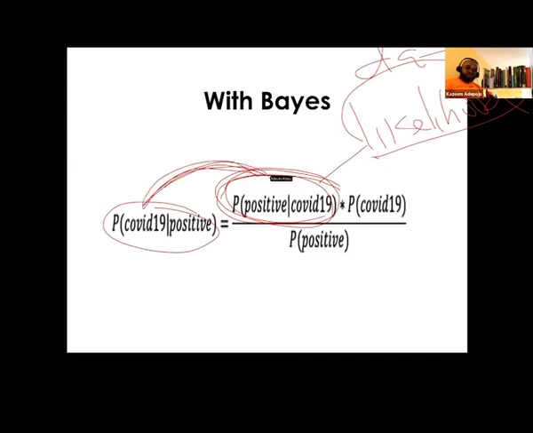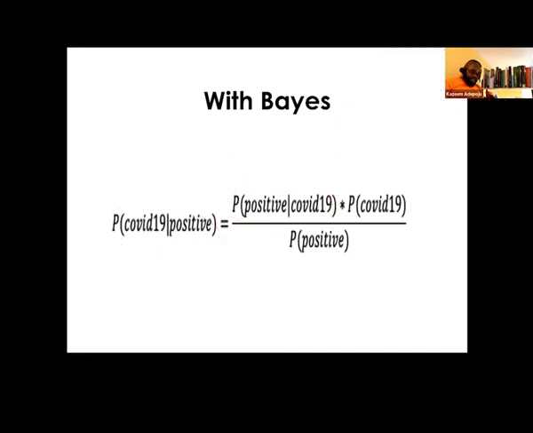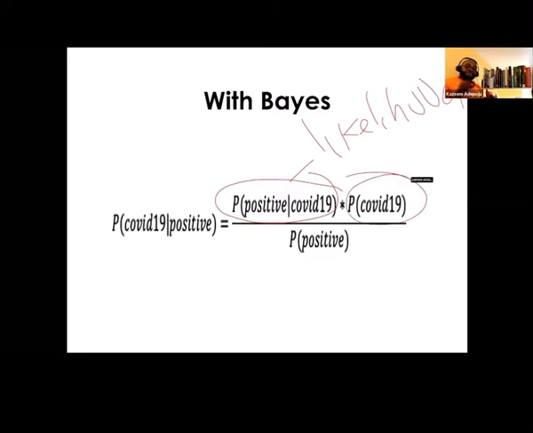Now, if the machine says something, we got this one from the machine, which is the likelihood that I talk about. And this guy here is the probability of having COVID-19 in the first place.